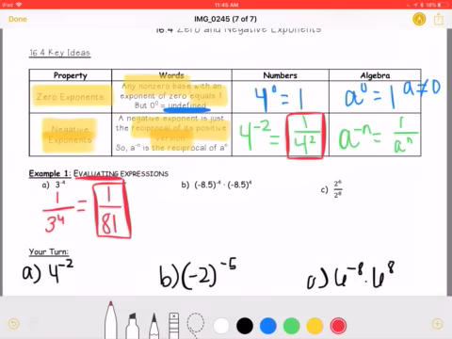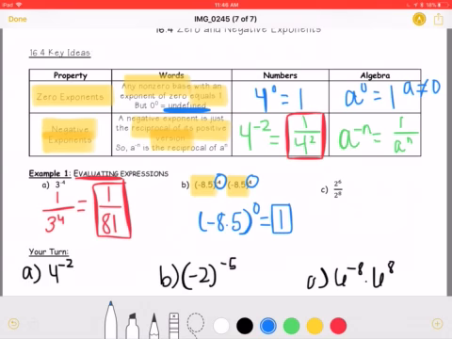Next, I have the same base. I'm noticing the same base. So when they have the same base and they're being multiplied, we just add our powers. Well, what does negative 4 and a positive 4 give you? 0. Any number raised to the power of 0 just equals 1. So we evaluated that.